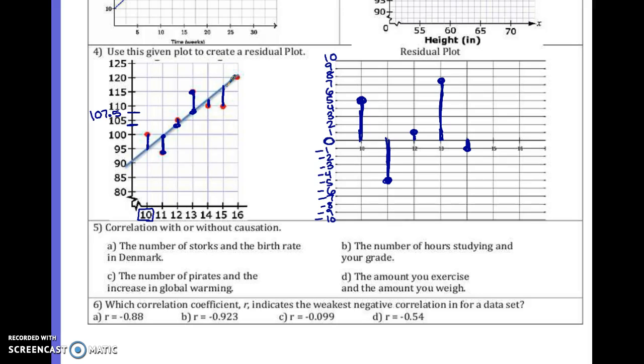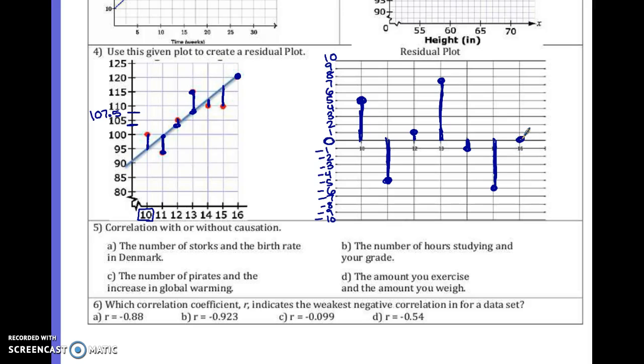See how you see it. So we're at 15. We're going to go down at least 5. 1, 2, 3, 4, 5. I'm going to just go to the 6 and show that vertical change. And then the last point here, it looks like it's right on the best fit line. So there is no vertical change, so we are just going to put a point right on the 0 line.